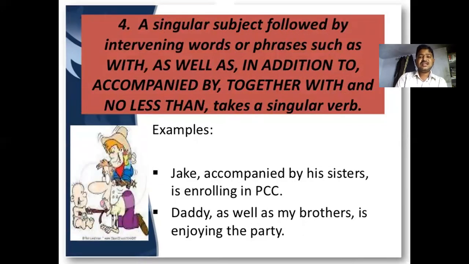Fourth one: a singular subject followed by intervening words or phrases such as with, as well as, in addition to, accompanied by, together with, and no less than takes a singular verb.